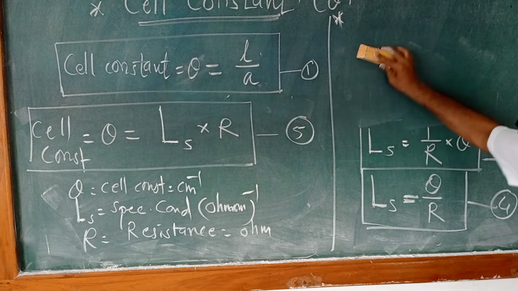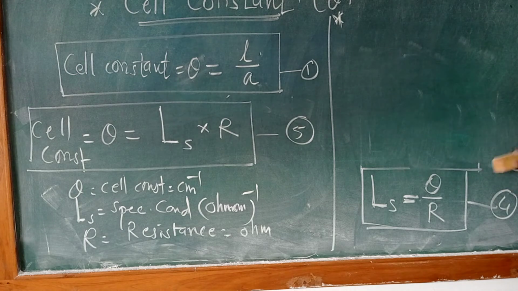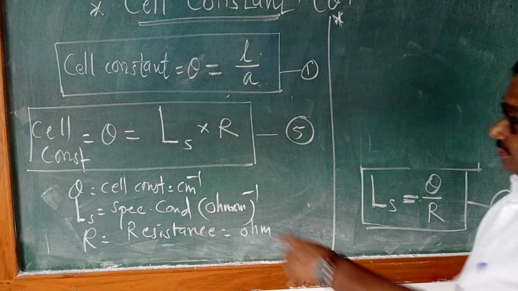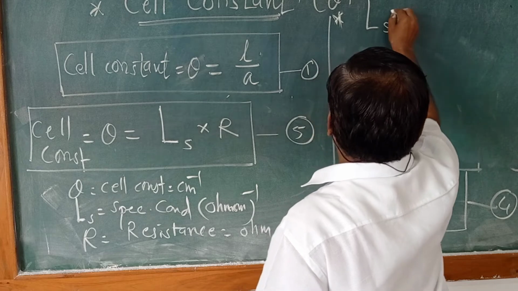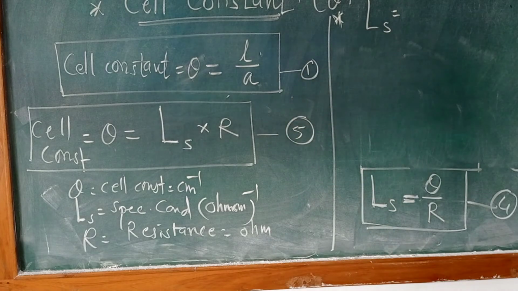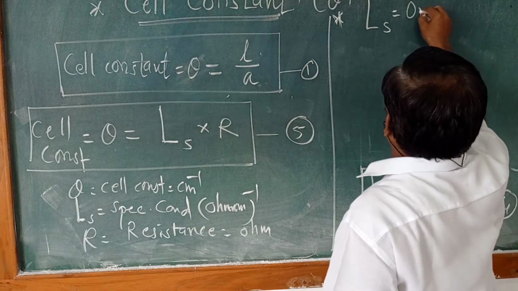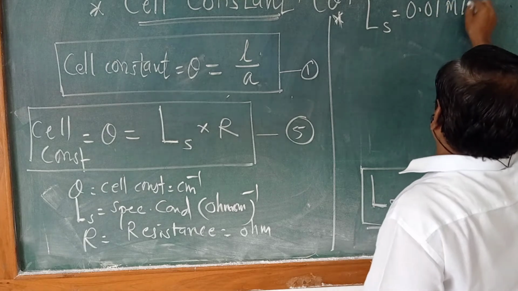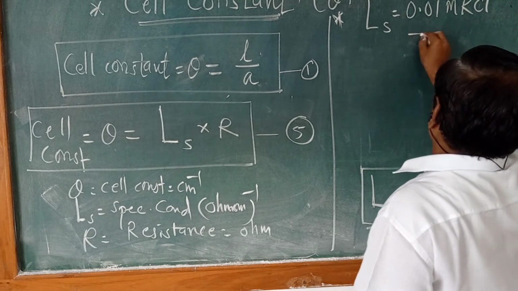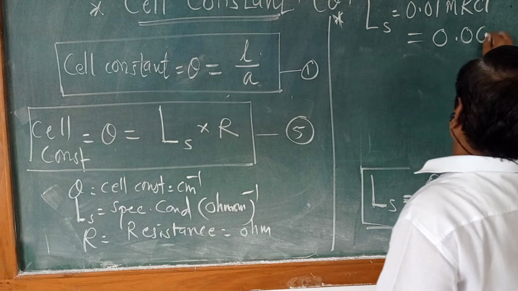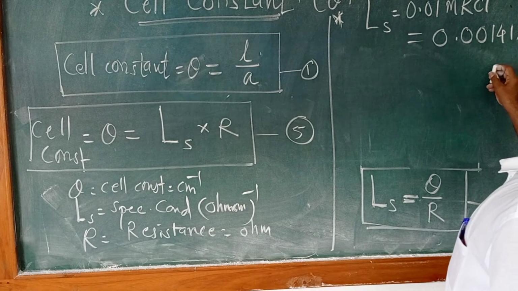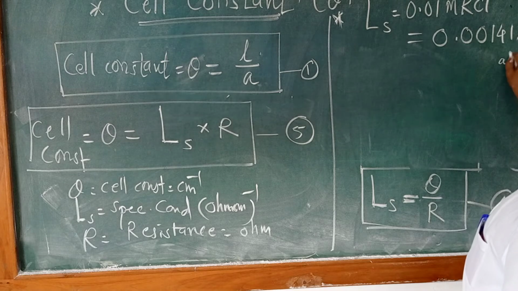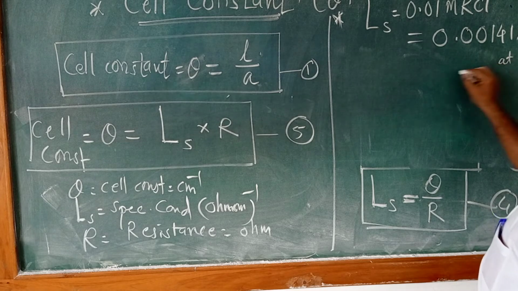You can write here: Ls, the specific conductance of 0.01 molar KCl, is equal to 0.001412 ohm inverse centimeter inverse at 25 degrees centigrade.